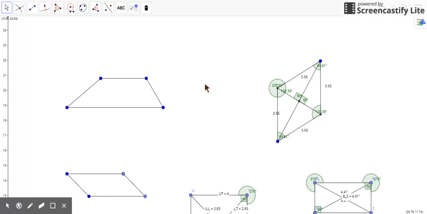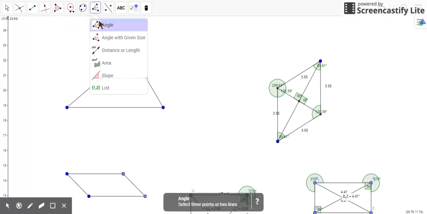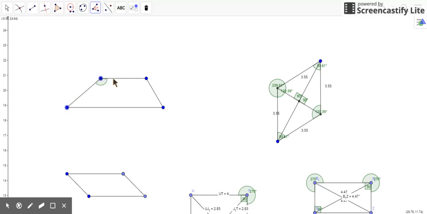We move on to a trapezoid, okay? The main thing with the trapezoid is that there's one set of parallel lines, which is right here. And no angles are the same, and I'll show you that right now. There you go.